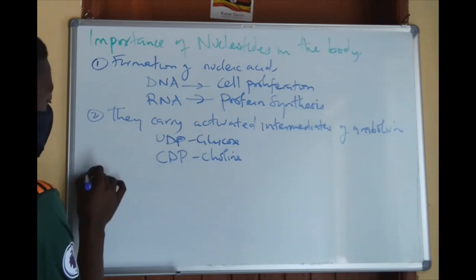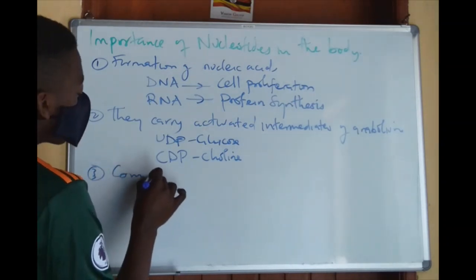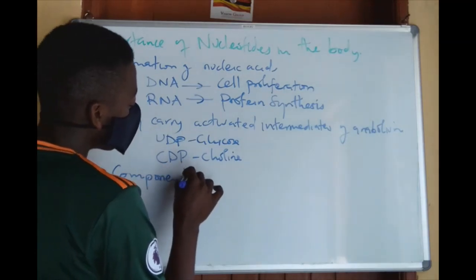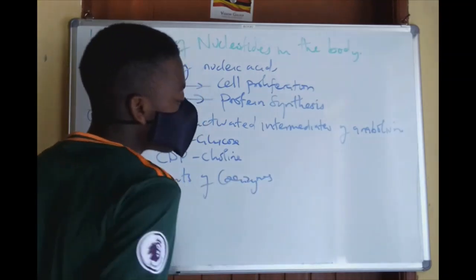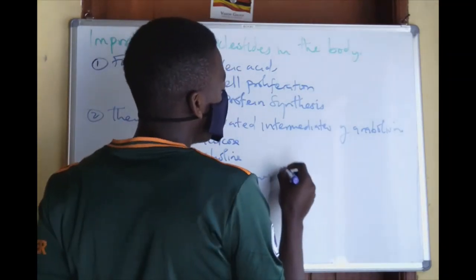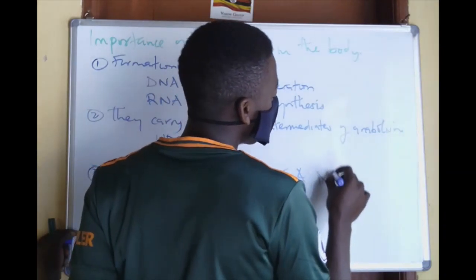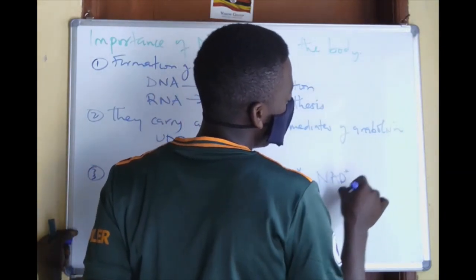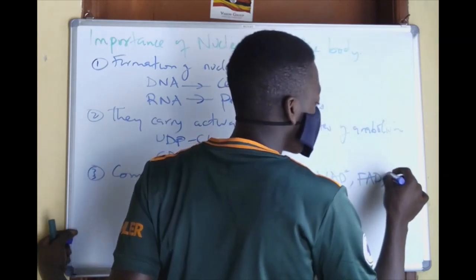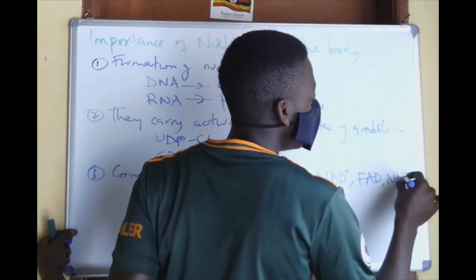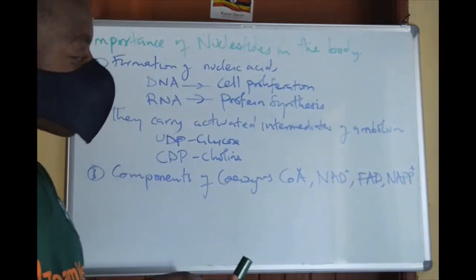The third point, they are components of coenzymes. Which coenzymes? We have coenzyme A, NAD, FAD, and NADP.